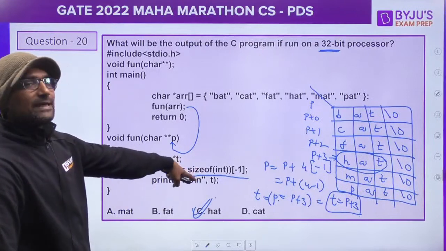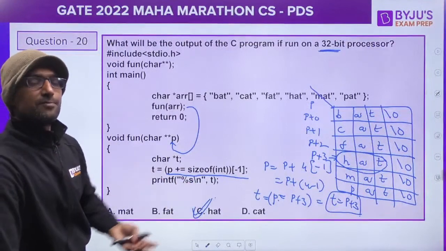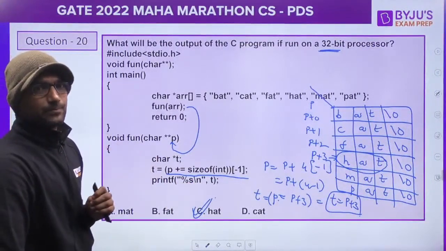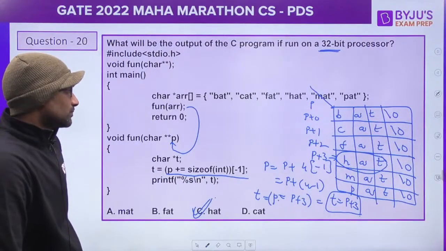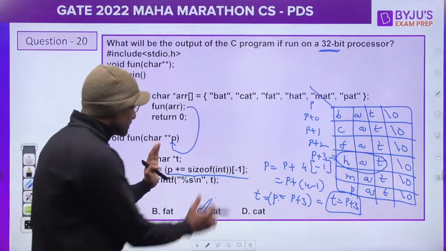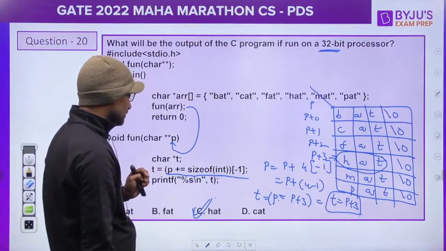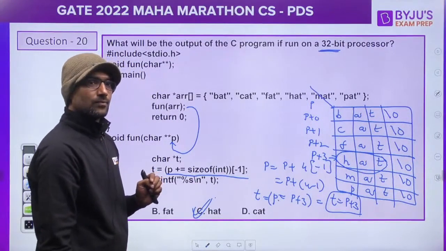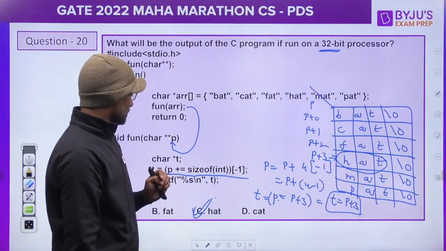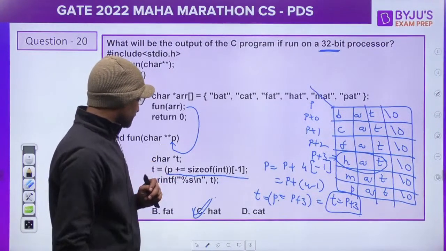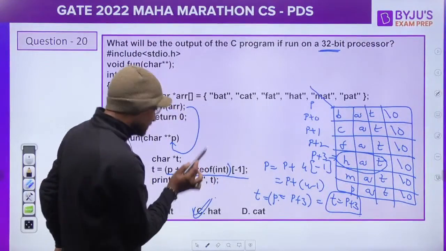Raju, size of int is 4. 4 minus 1 is 3. t equal to, in this parenthesis what we have? Wait a minute. It is p equal to, acha, parenthesis ends here only.